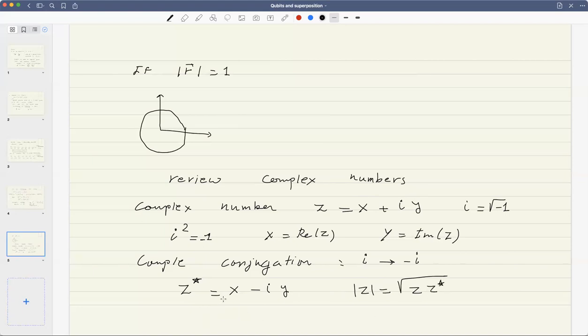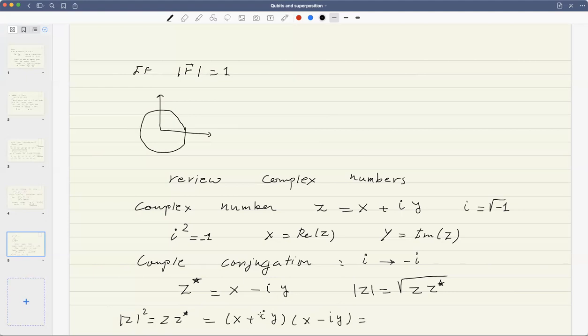So we can think of z times z star, which is the absolute value of z squared, to be, let's just write it out, x plus iy times x minus iy.